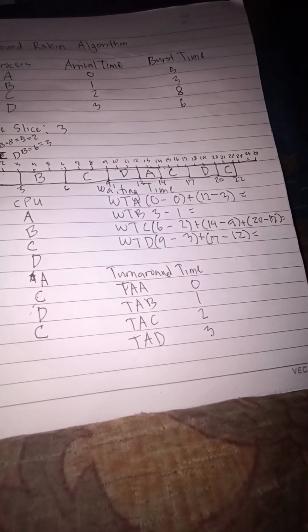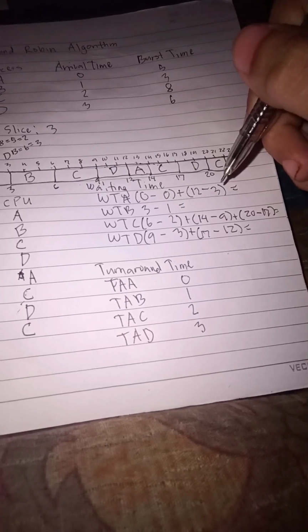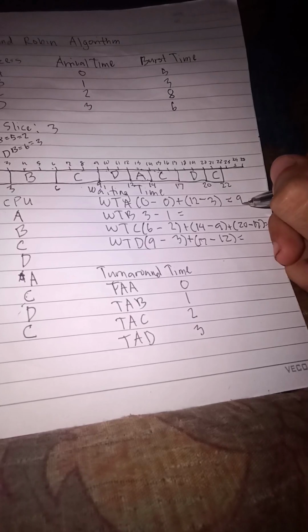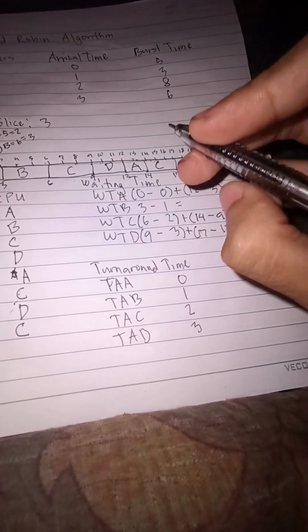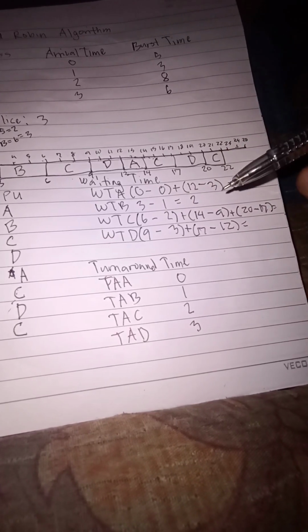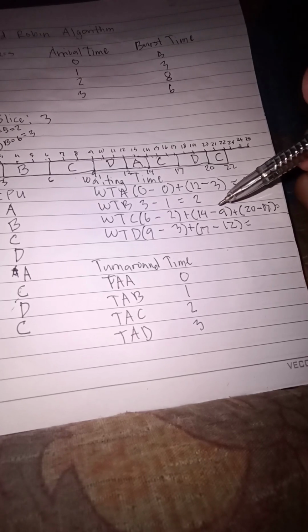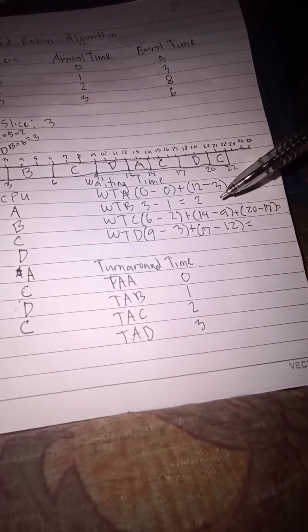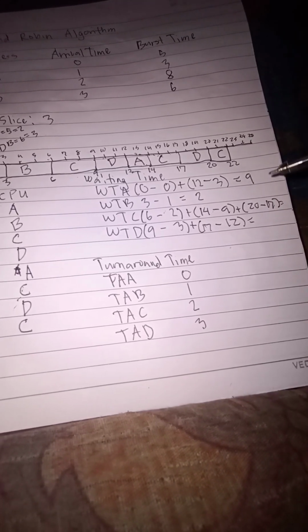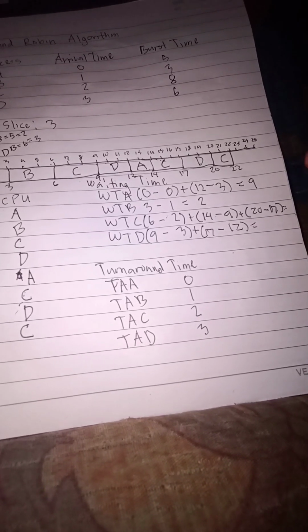And now let's solve it. 0 minus 0 is 0, 12 minus 3 is 9. So 0 plus 9 is 9. 3 minus 1 is 2. 6 minus 2 is 4. Plus 14 minus 9, 5. So 4 plus 5 is 9. Plus 20 minus 17 is 3. So 9 plus 3 is 12.